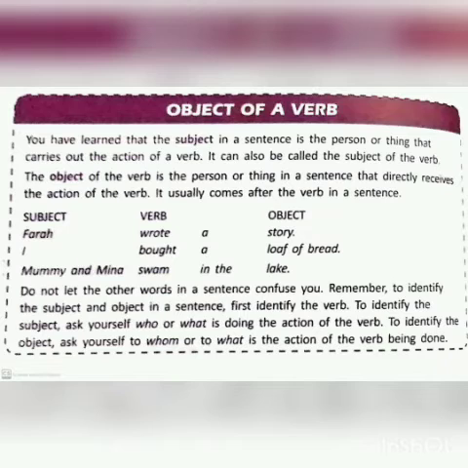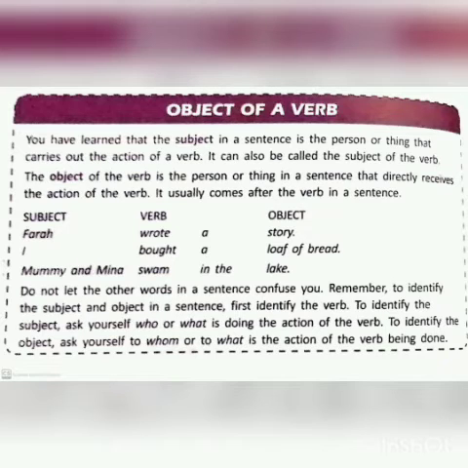Then, Mummy and Mina swam in the lake. So here Mummy and Mina is the subject, lake becomes the object. Farah is the subject, story becomes the object. Do not let the other words in a sentence confuse you.